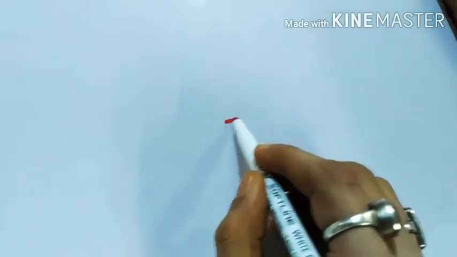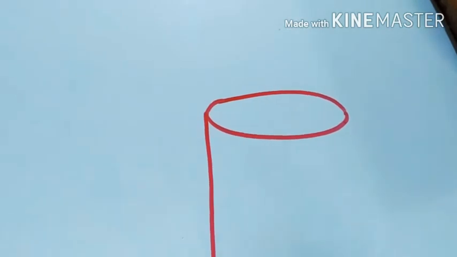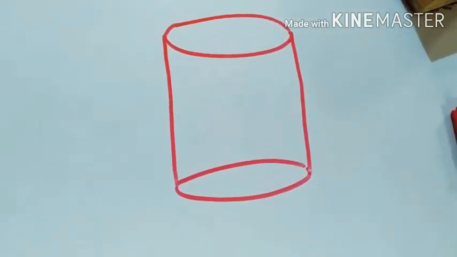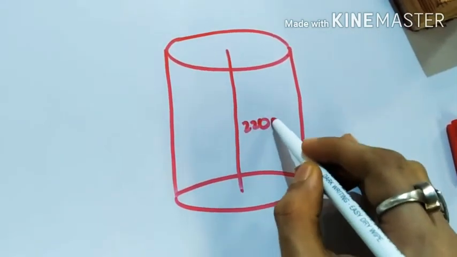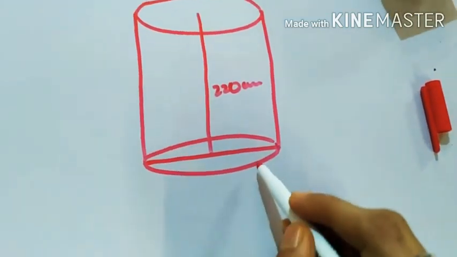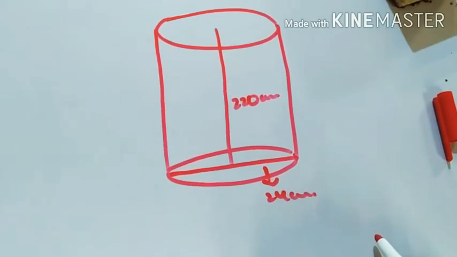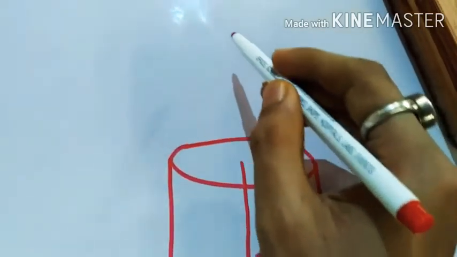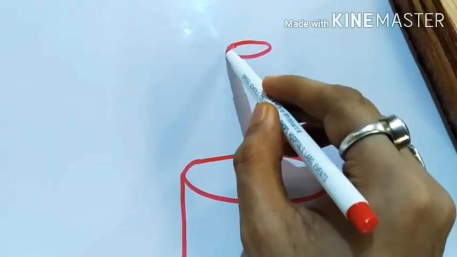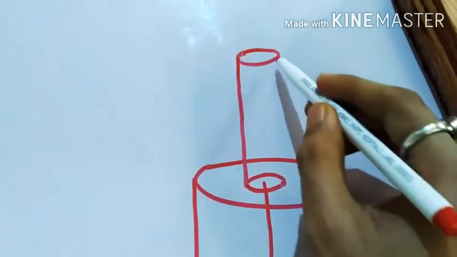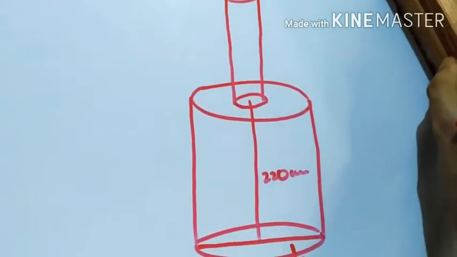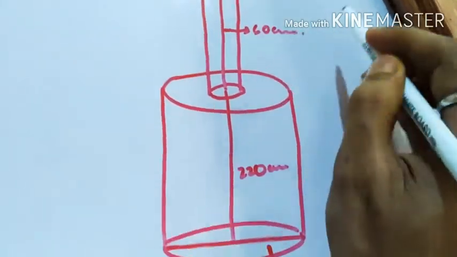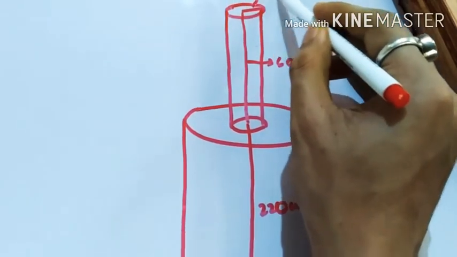One cylinder is there, whose height is 220 centimeter and base diameter is 24 centimeter, which is surmounted by another cylinder of height 60 centimeter and radius 8 centimeter. Its radius is given as 8 centimeter.